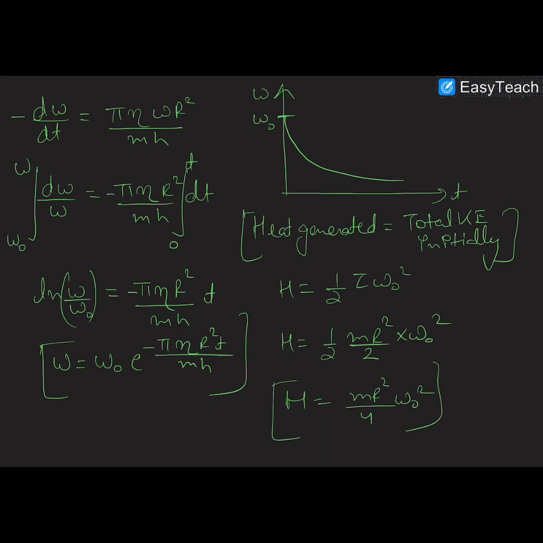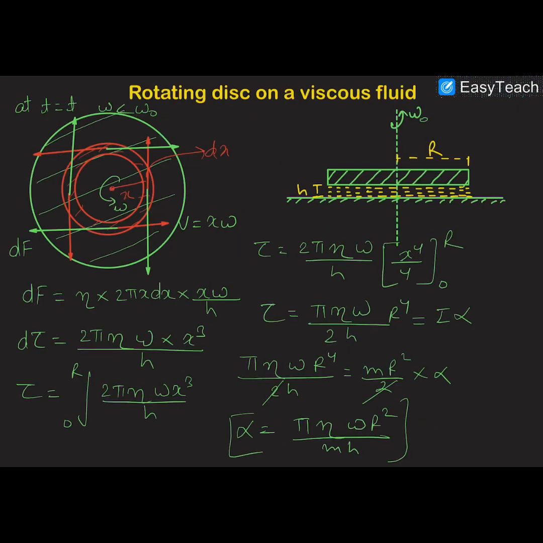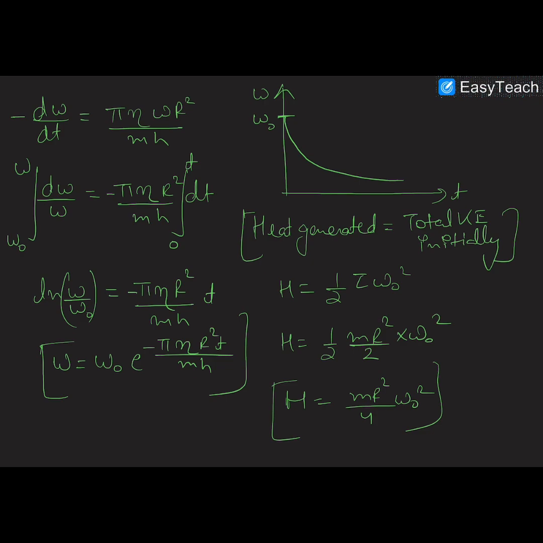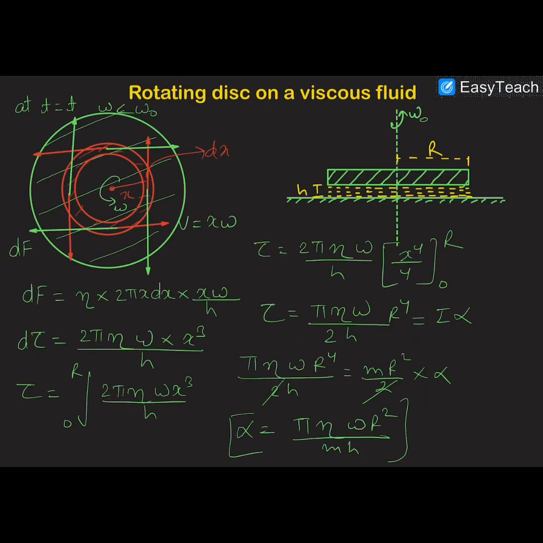Now if we wish to find the heat generated till any time t, we can write down the power lost. Power lost can be written as torque into omega, and the retarding torque was pi eta omega r to the power 4 by 2h.